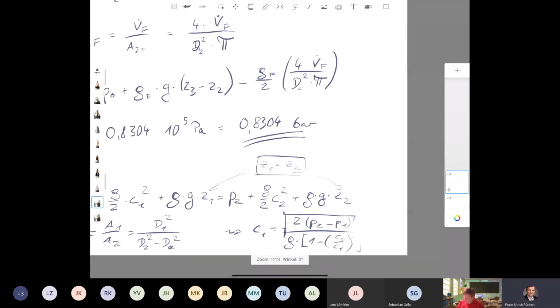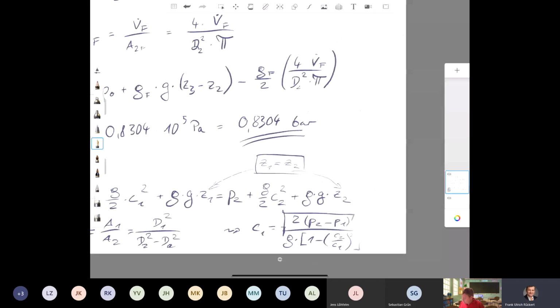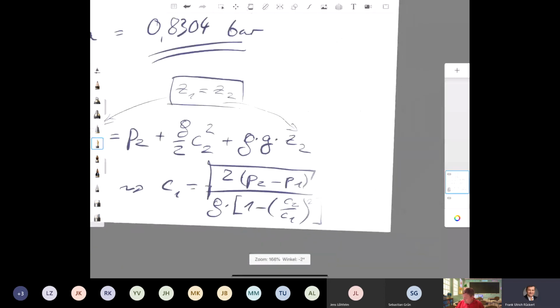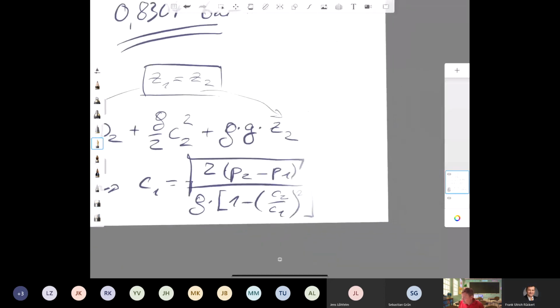Shift it a bit to the middle, make it a bit bigger. Okay, that's fine. We get C1 equals 0.48.